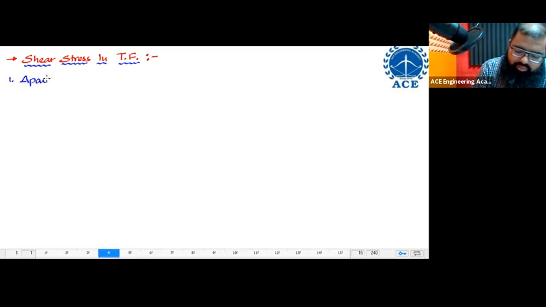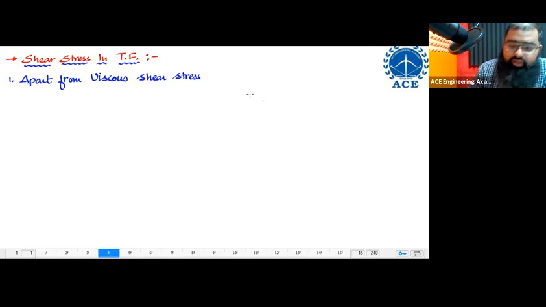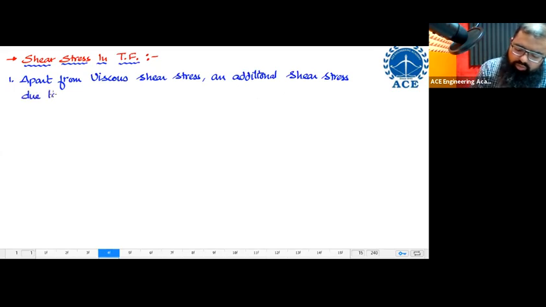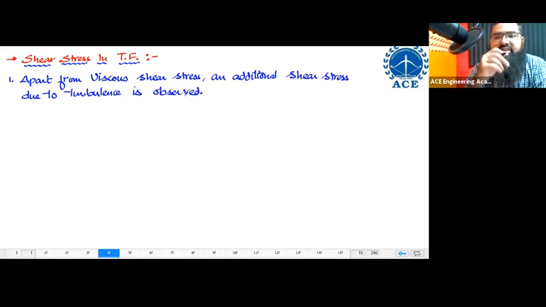Apart from viscous shear stress, an additional shear stress due to turbulence is observed.